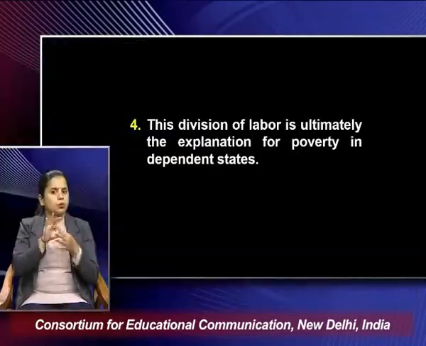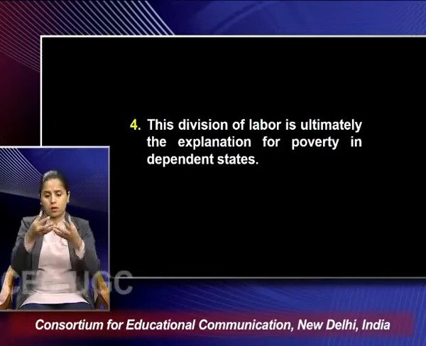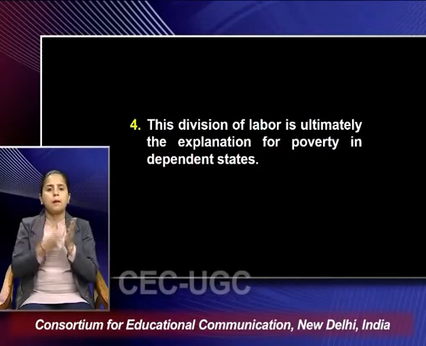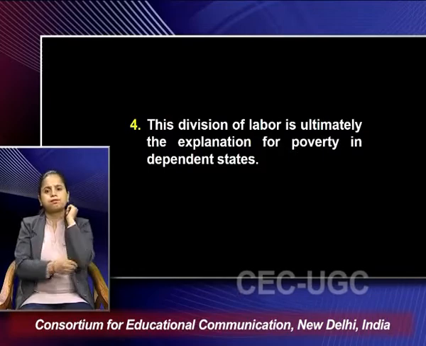The fourth important thing in this relationship is that this division of labor is ultimately the explanation for poverty in dependent countries. We cannot blame dependent countries for being poor because they were less hardworking, or did not have a good education system, or liberalized their economies late, or because their leadership is corrupt, or because they lack the required skills.